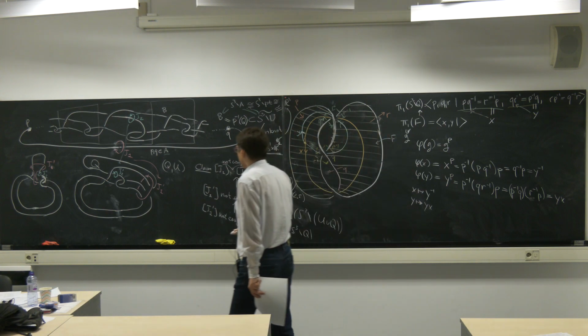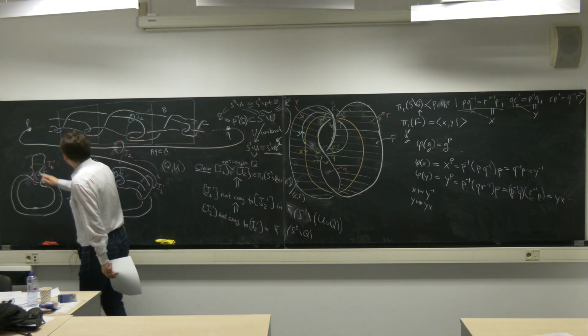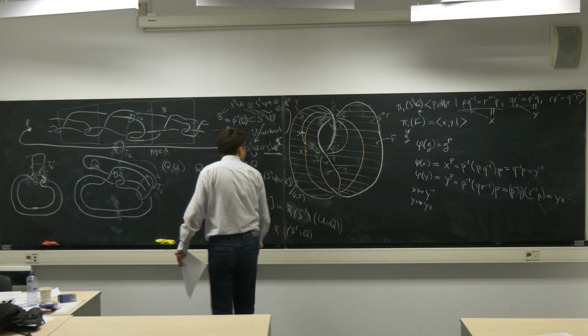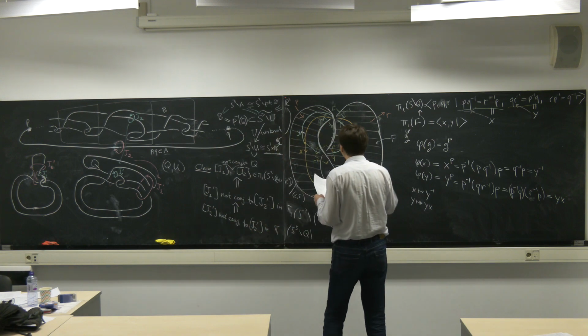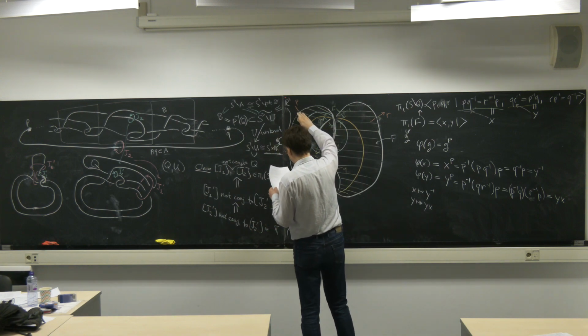And then the question is where these 2 meridians go in this picture. And here's where they go. So J2 will be just here.